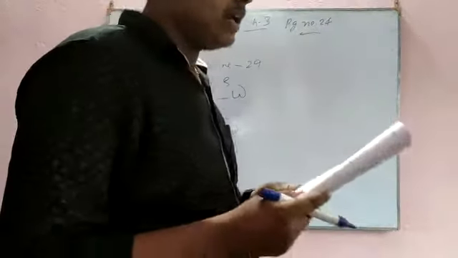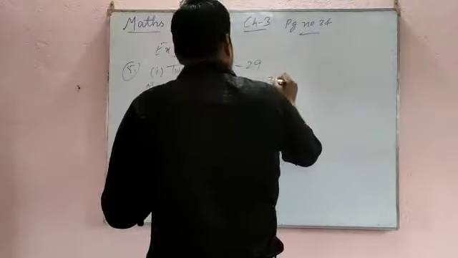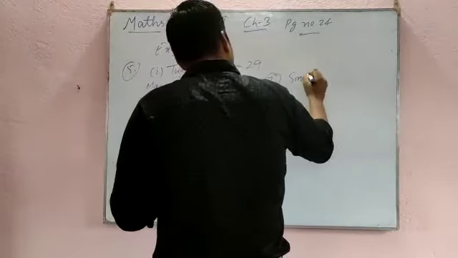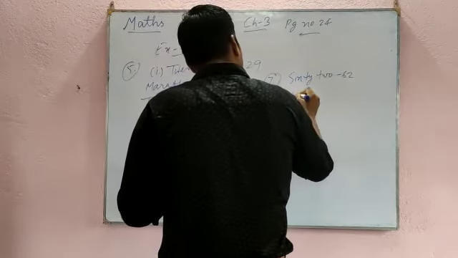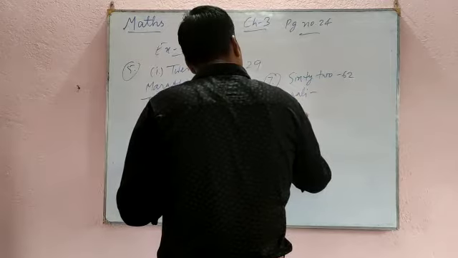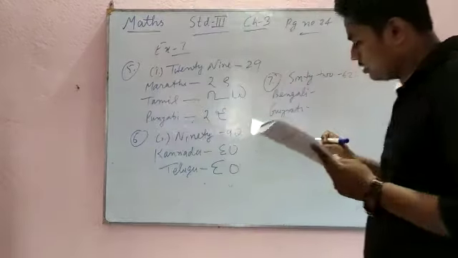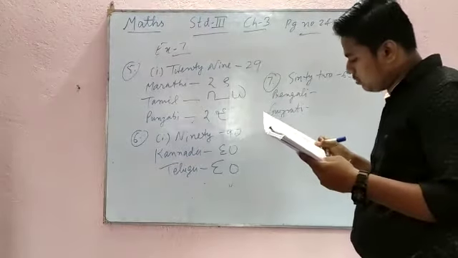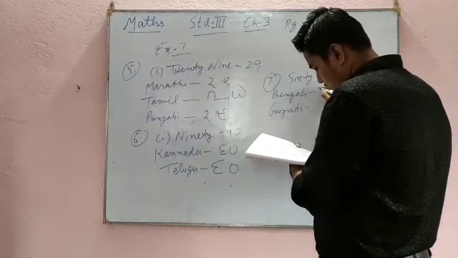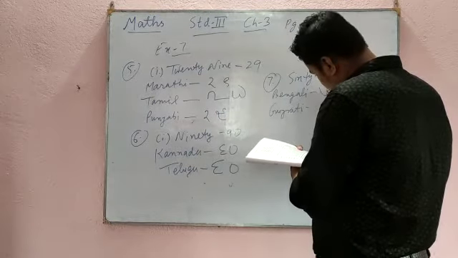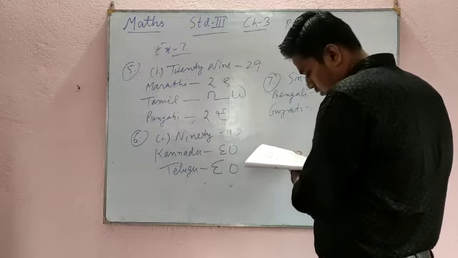Question number 7. Write the following number using Bengali and Gujarati. 62. Bengali, Gujarati. So see Bengali 60, Bengali 6 is totally different. 6, 2.